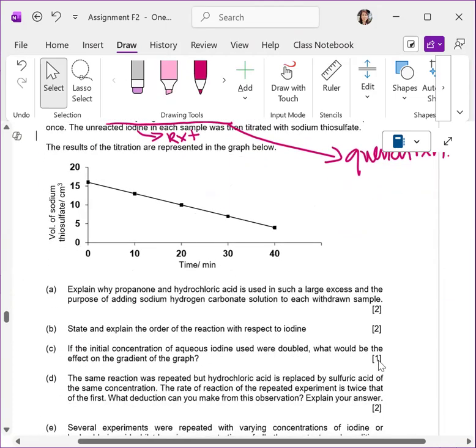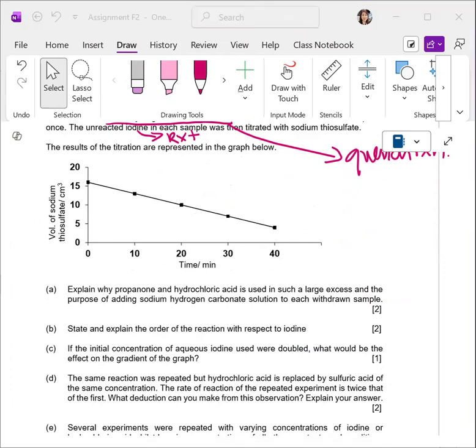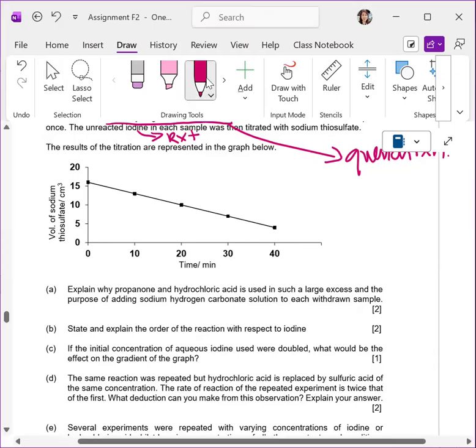So this part of the question is asking why propanone and HCl are used in such large excess, and what the purpose of adding sodium hydrogen carbonate is. The purpose of adding propanone and HCl in such large excess is that we are monitoring how the iodine changes with time.